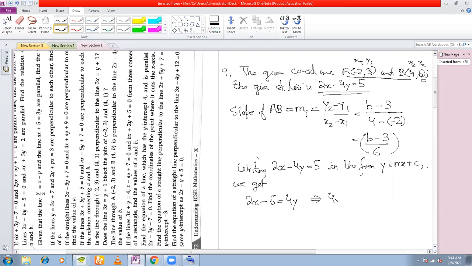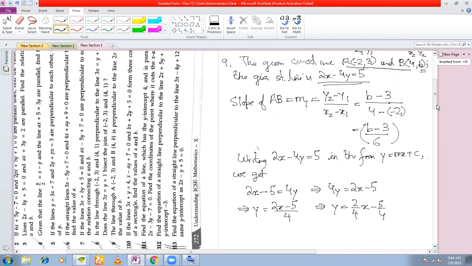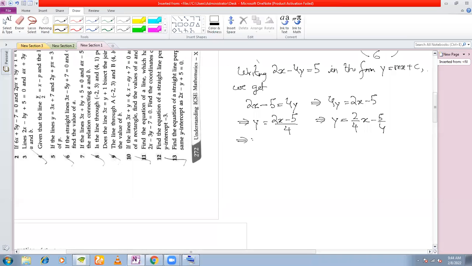Since 4y is equal to 2x minus 5, that means you get y is equal to 2x minus 5 by 4. That means now if you divide each term, you get 2 by 4 x minus 5 by 4, right? That means you get y is equal to, you can cancel this here, half x minus 5 by 4.